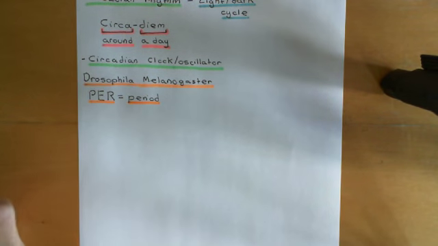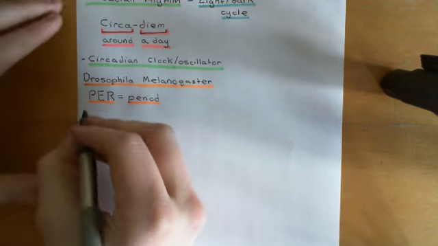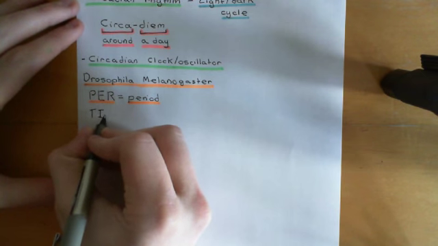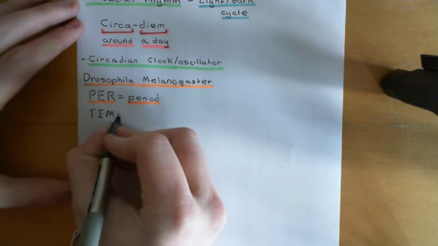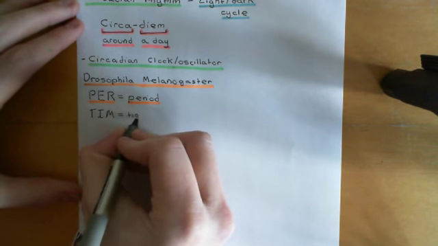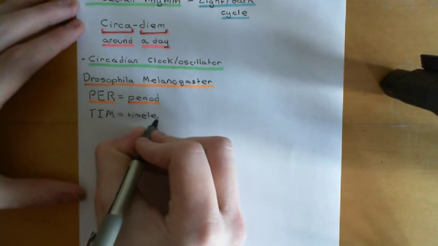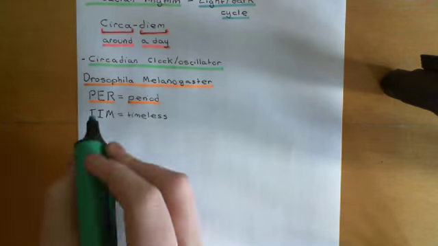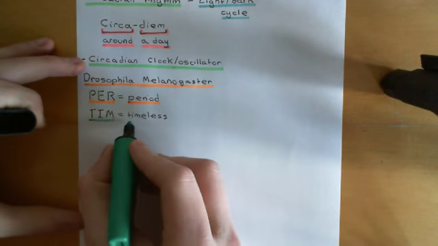Another important protein that has pretty much the same functional, analogous function to period, or rather works with period, is a protein called timeless, and for short we will be abbreviating timeless down to TIM. So these are the two stars, basically, of the Drosophila melanogaster circadian oscillator, period and timeless.